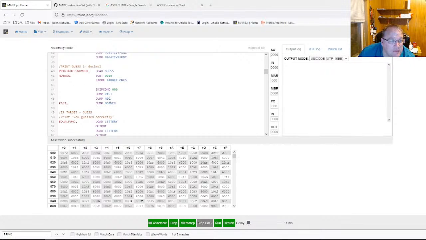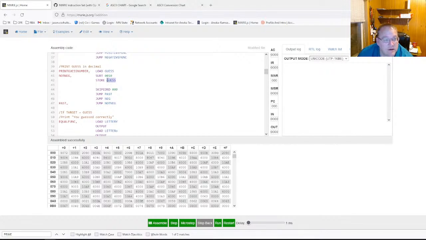Oh, actually, I think I can jump to here. No, because I don't want to load the guess. Can I destroy my guess? I think I can. I don't need it anymore. Oh, wait. No, yes, I do.